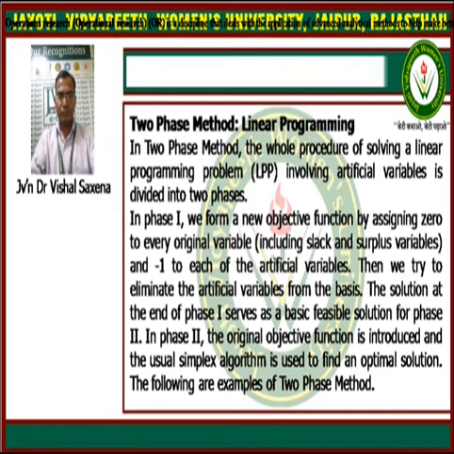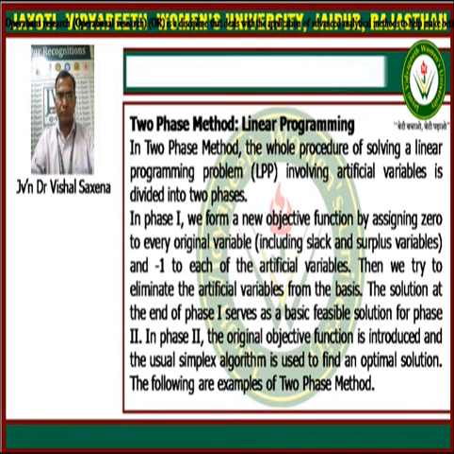We solve by the simplex method in phase 1, and when all the artificial variables are removed and Zj minus Cj is greater than or equal to 0, we stop at phase 1 and come to phase 2.